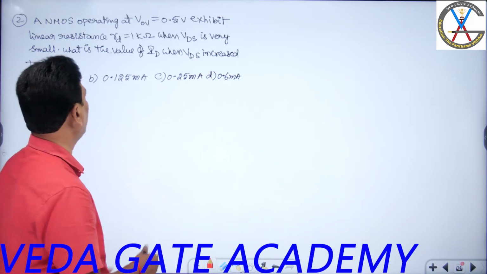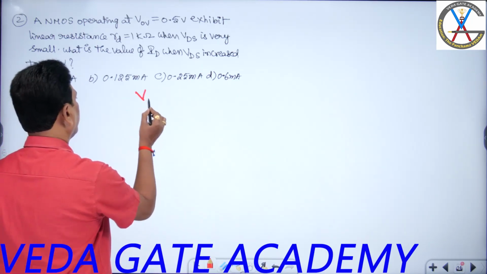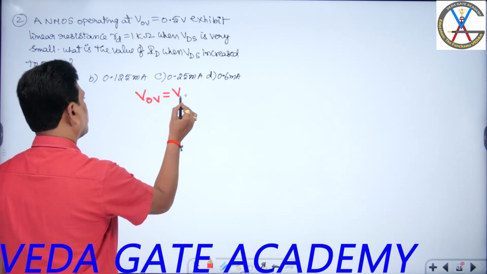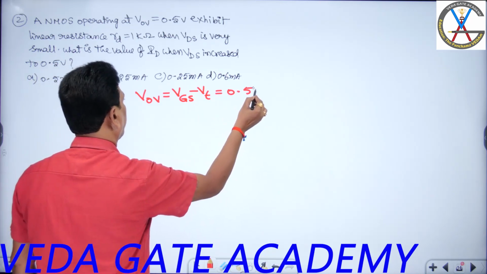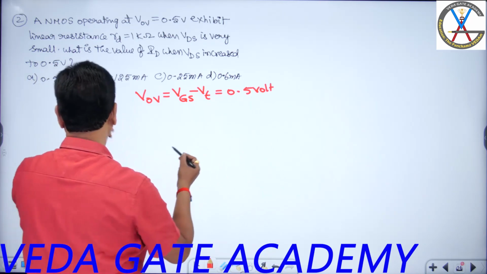So now, VOV given, that equal to VGS minus VT, sir. Overdrive gate voltage it is, that equal to 0.5 volt. Confirm?